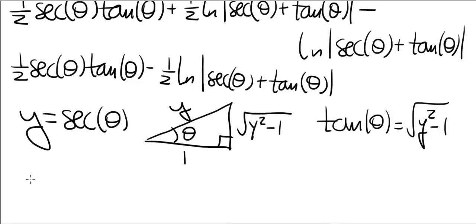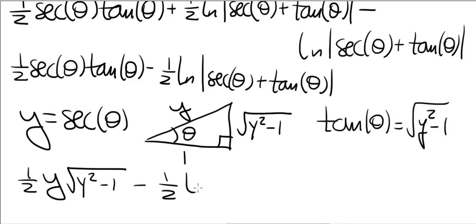So in variable y, our answer is 1/2 secant theta, which is y, tangent theta, which is square root of y squared minus 1, minus 1/2 natural log absolute value of y plus square root of y squared minus 1.